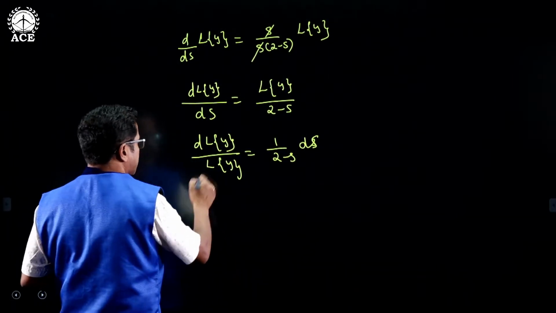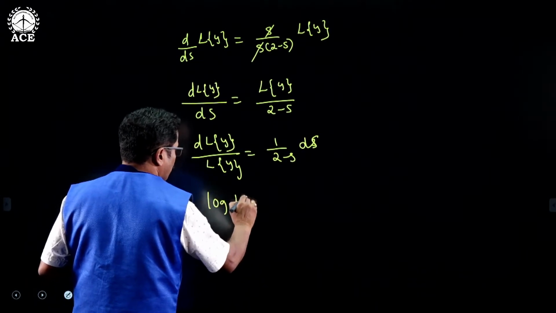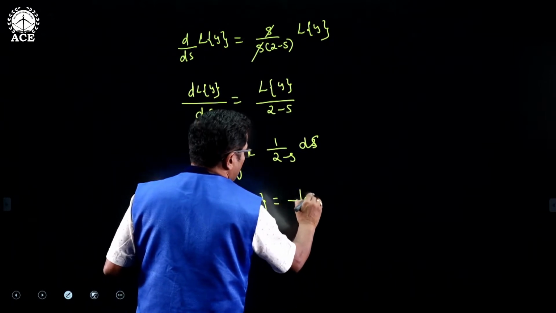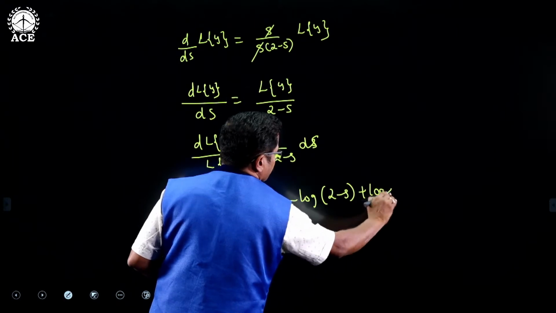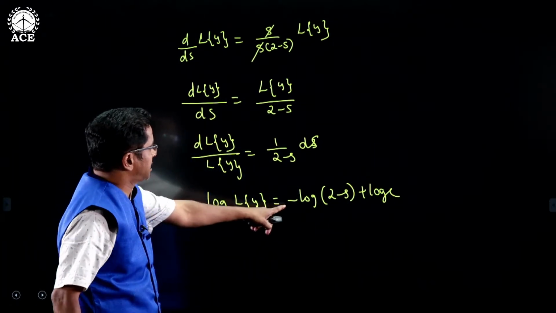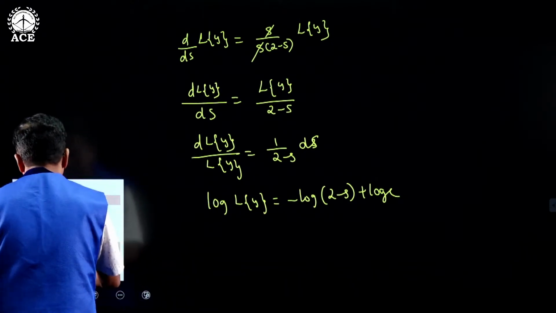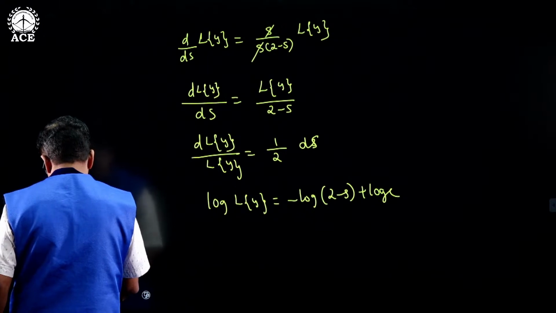Okay, so now you do integration on both sides, you will get log of L of y is equal to minus log of 2 minus s, plus some constant log c. Why am I taking minus log? Because it is 2 minus s, isn't it? It is 2 minus s, not 2 s minus 2.